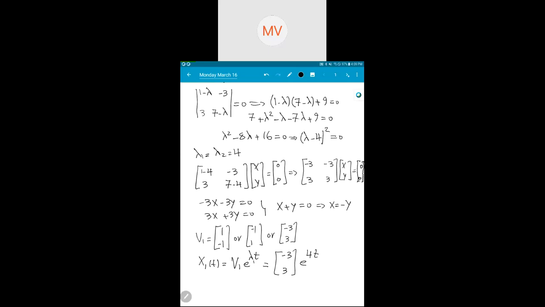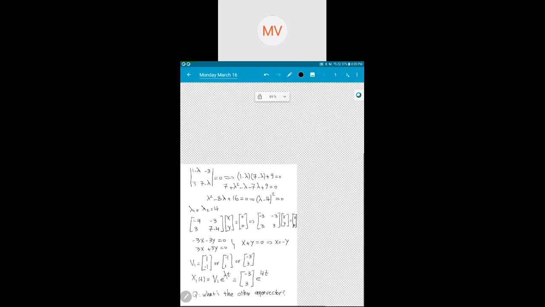We could only find one eigenvector. What's the other eigenvector? Here, the question is, how do we find other vectors? Because we want to set up the other solution, right?